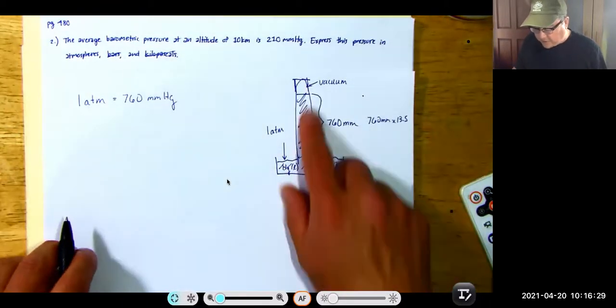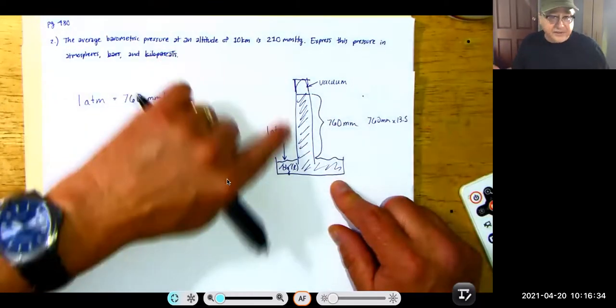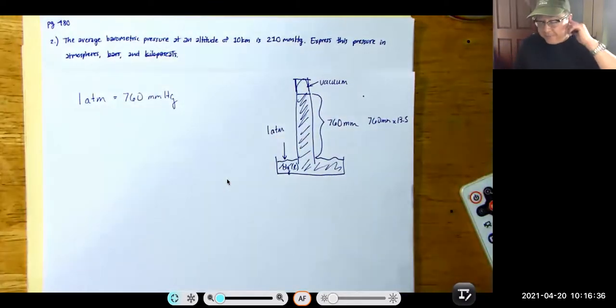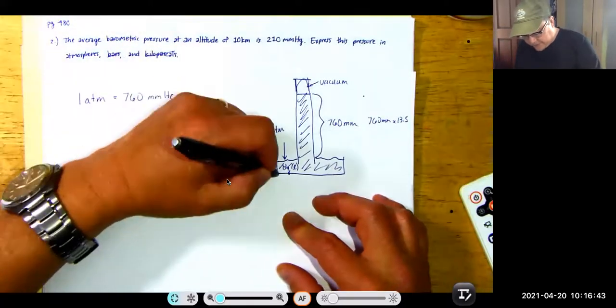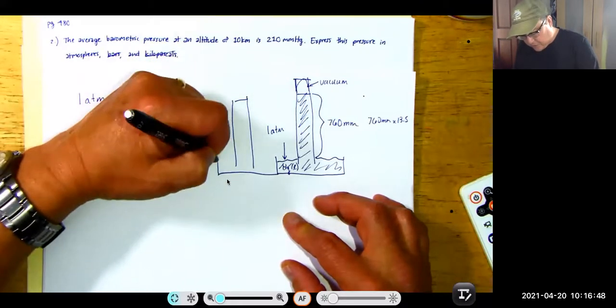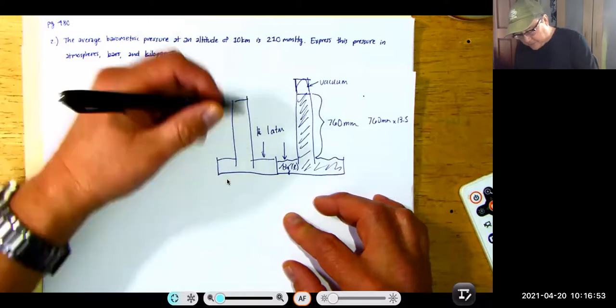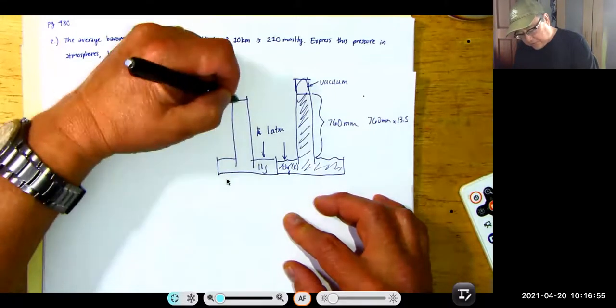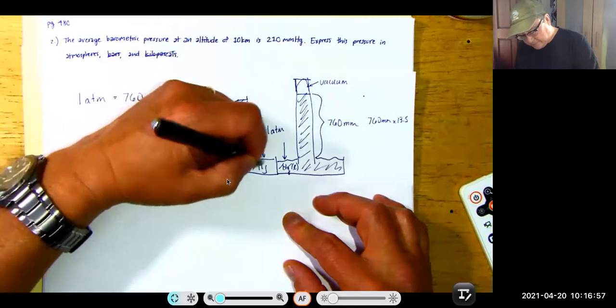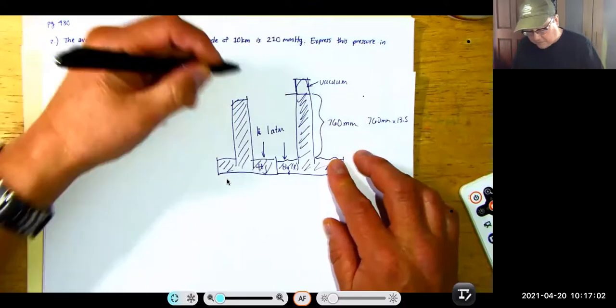So what happens if you don't have a container that's 760 millimeters long, which is 3/4 of a meter long? If I extend this and we have a shorter column and it's still pushing down with 1 atmosphere, well, this whole thing would be filled. There's only going to be space up here if you have a tall enough column.